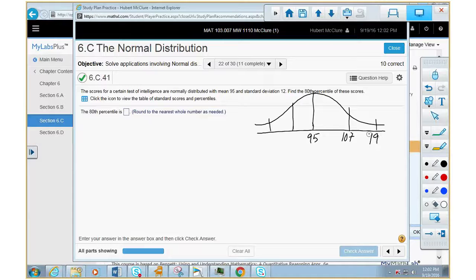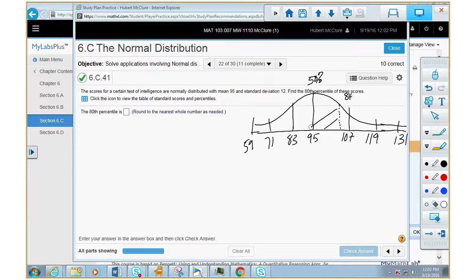And on this side, 83, 71, 59. So 50% is right here. So 84% would be right here. So again, we're going to fall right in here at 80%.